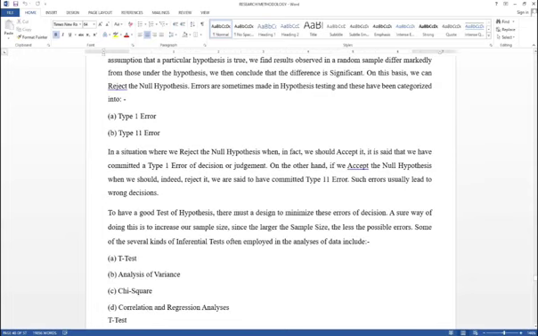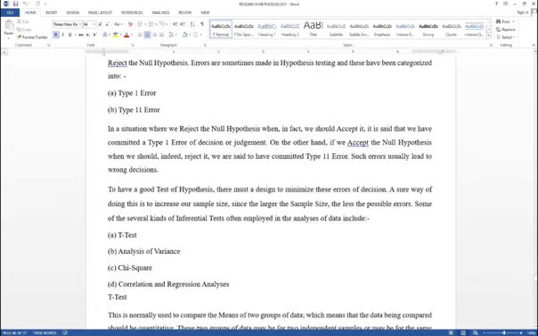Then we also talked about some of the several kinds of inferential tests that are used in analysis of data. We mentioned the t-test, the analysis of variance, the chi-square, the correlation and regression analysis. And then we said that we are going to talk about them in detail in this next class.